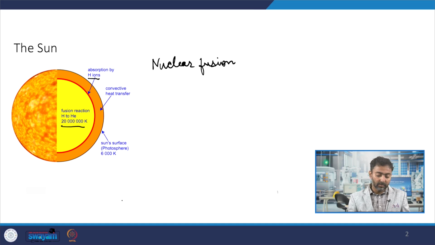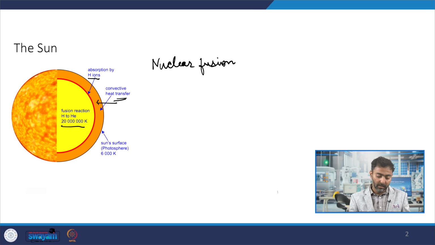Due to the absorption of radiation by the hydrogen ions, the temperature towards the surface of the sun is drastically reduced. And the main phenomenon of heat transfer from the core of the sun to the surface of the sun is through convection. As you can see in the outer orange layer here, there is convective heat transfer happening. Convective heat transfer is the major phenomenon for transferring heat from the core of the sun towards its outer surface.